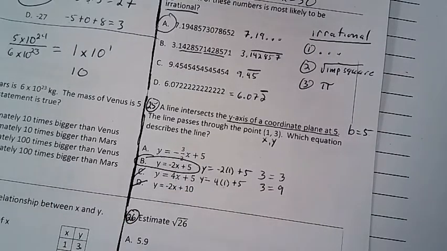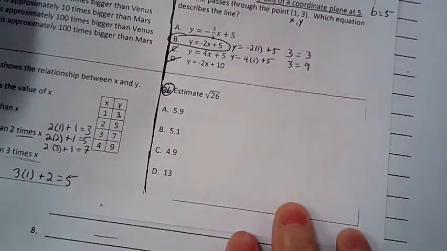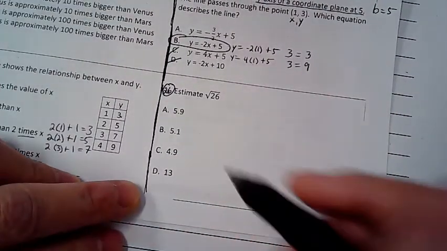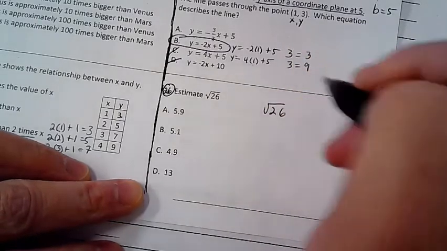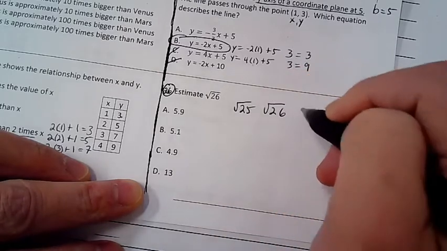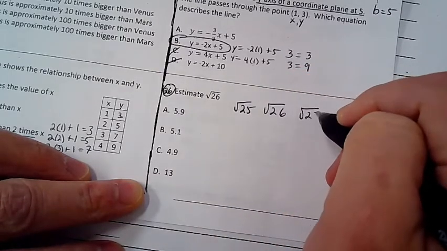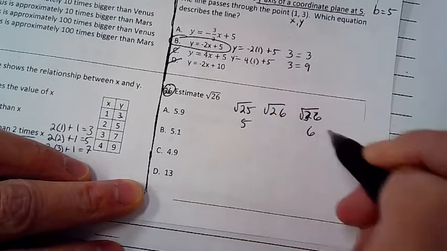Then number 26, the square root of 26. For the square root of 26, the next lowest perfect square is the square root of 25, and the next highest is the square root of 36. This is a 5 and a 6.